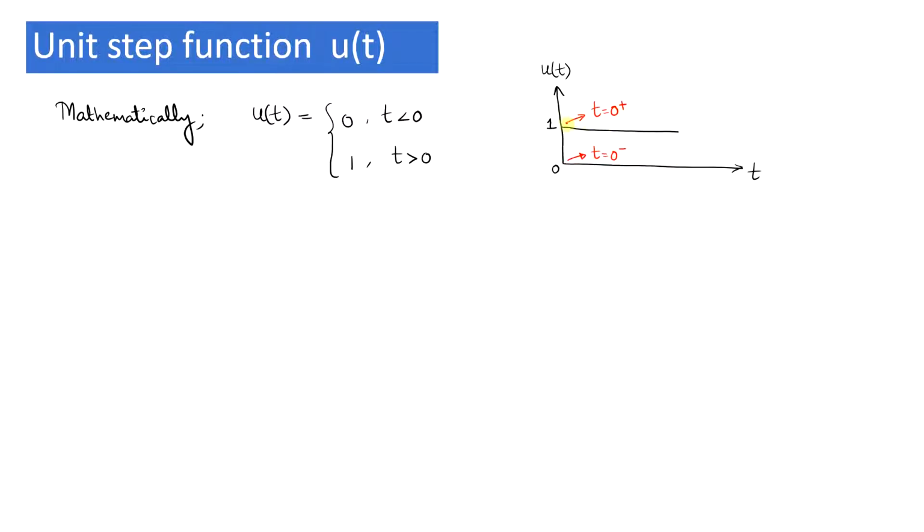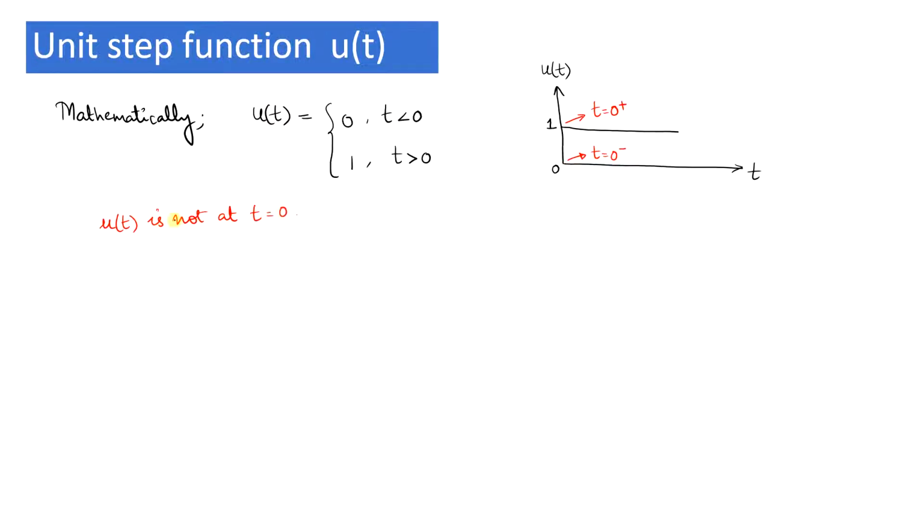At t equal to 0 plus, that is greater than t equal to 0, you will observe that the value is equal to 1, and at t equal to 0 minus, the value is equal to 0. So in short, what I want to tell here is the unit step function u of t is not defined at t equal to 0.